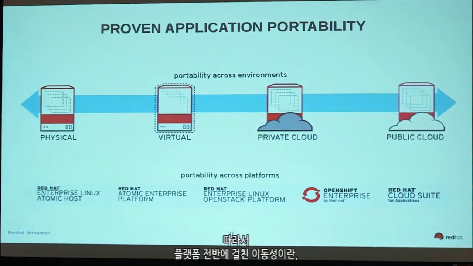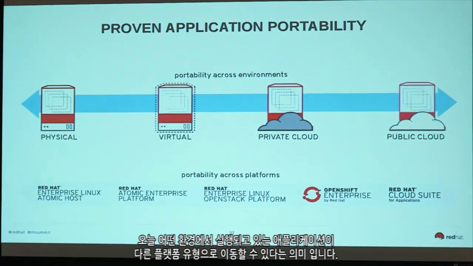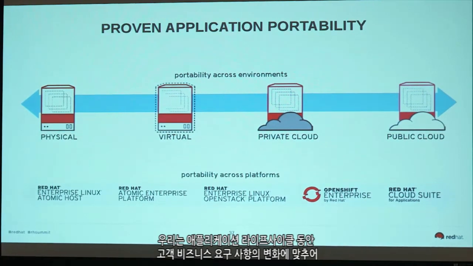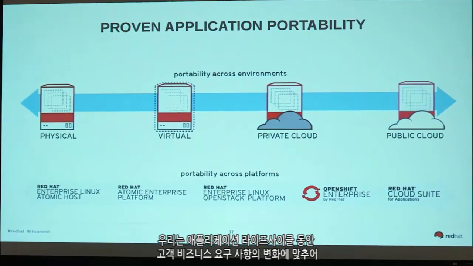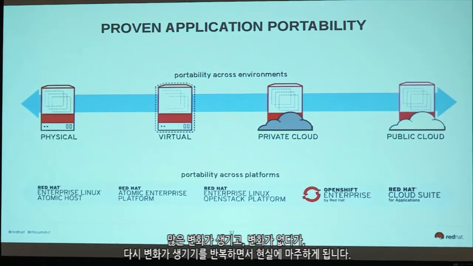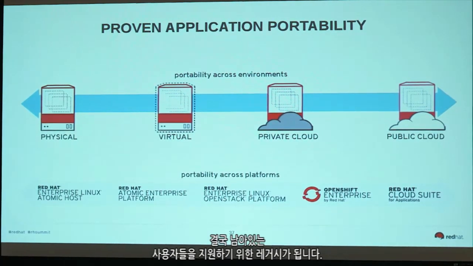So portability across platforms means an application that is running in an environment today can be moved into a different platform type. And we actually start to see that this is reality, where customers want to have the flexibility as an application travels through its life cycle, starts with a big business justification, high rate of change, probably calms down for some time, then maybe comes back up, high rate of change, calms down, eventually becomes a legacy that's just there to support the remaining users.